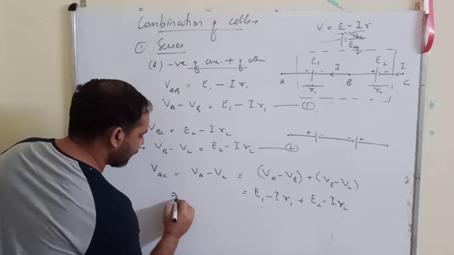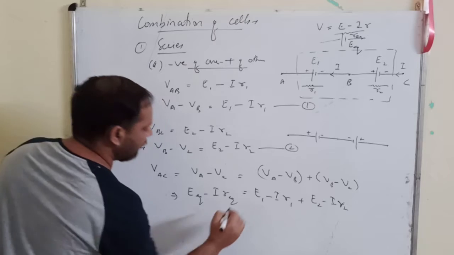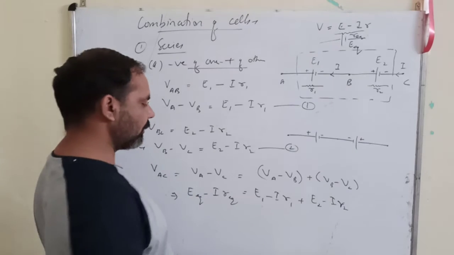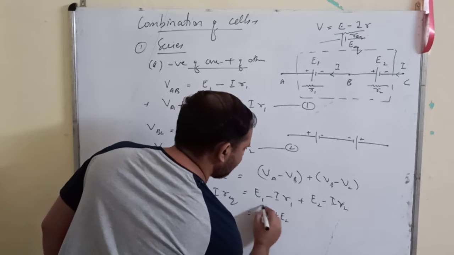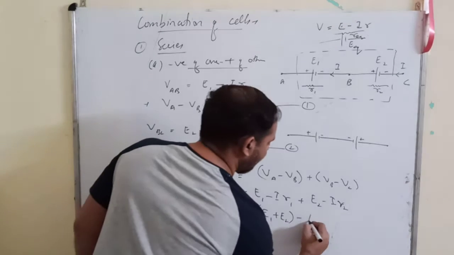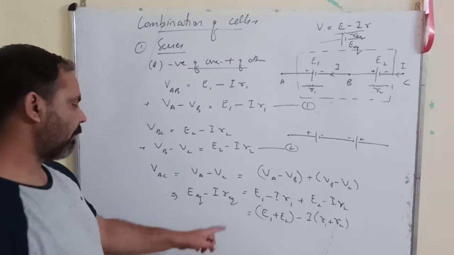So this will become E equivalent minus IR equivalent is equal to this value. You can write this as E1 plus E2 minus I common R1 plus R2.